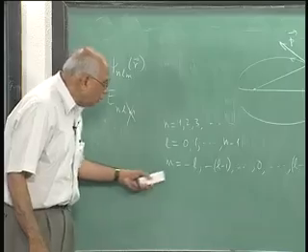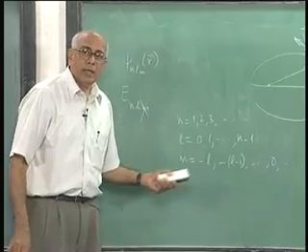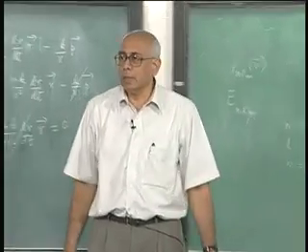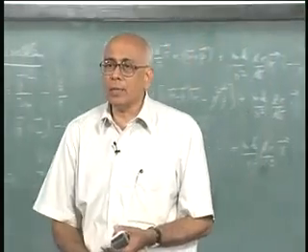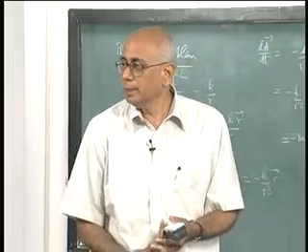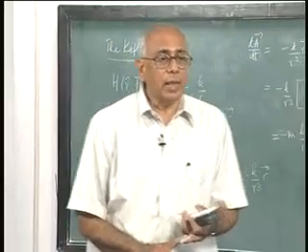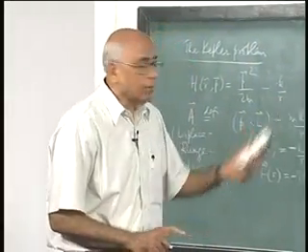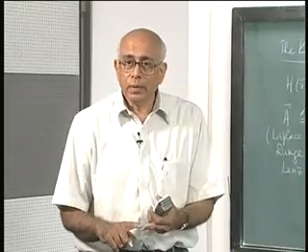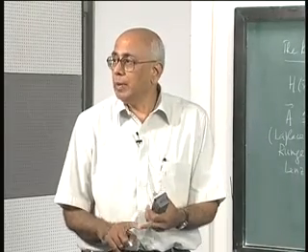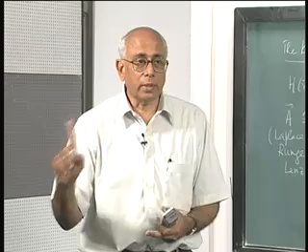It runs from minus l to plus l. How many of these states are there for a given l? 2l plus 1. So the normal degeneracy of the hydrogen atom would just be 2l plus 1 of a central potential. Any central potential, the energy levels would be specified by n and l, and for a given n and l it would be 2l plus 1 fold degenerate.